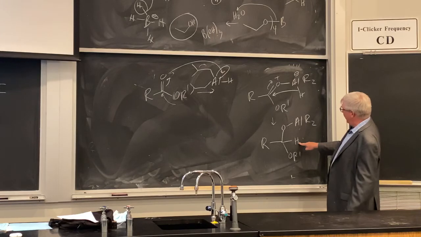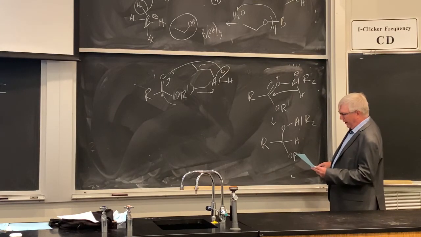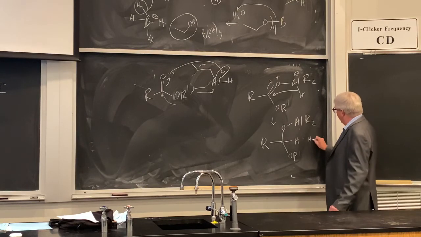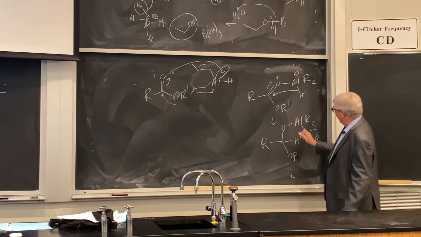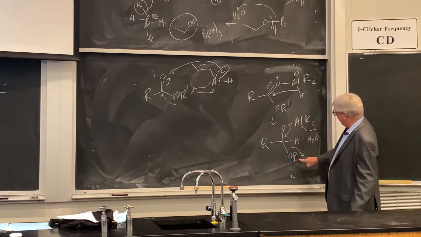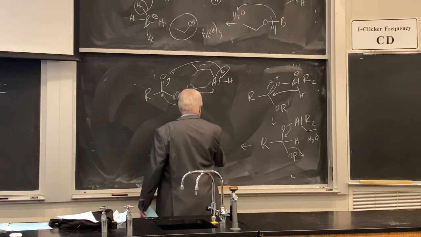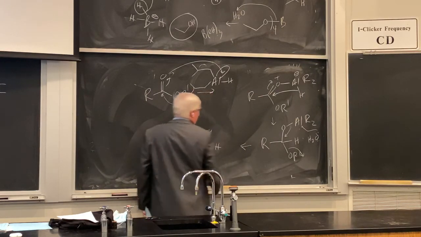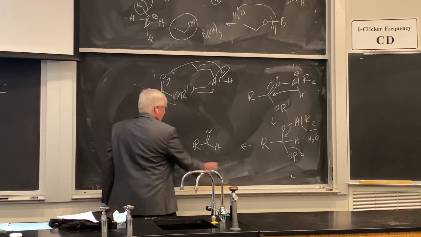We've just added the 1 here. But when we do quench with water, what can occur here is we can coordinate the water lone pair into the empty orbital there. This will actually come off, and this will come off and get protonated there. And at that point, we generate the aldehyde, and that's all we can generate because we only had the 1 equivalent of hydride to begin with there.